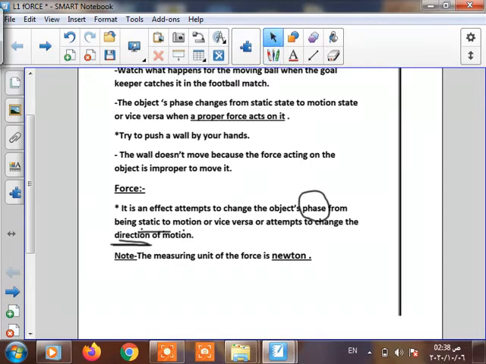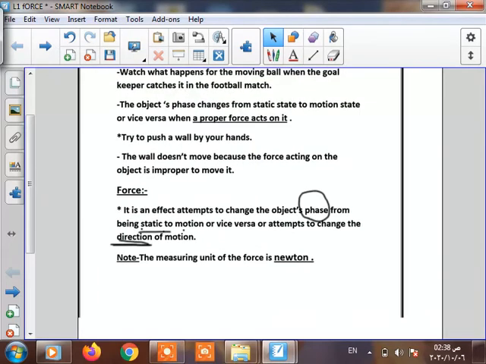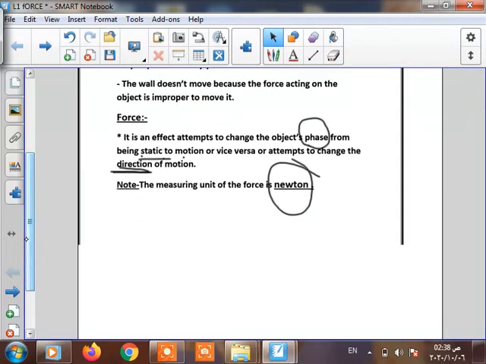The measuring unit of force is Newton. So, the force is an effect that attempts to change the object's state from being static to motion, or vice versa, or attempts to change the direction of motion.